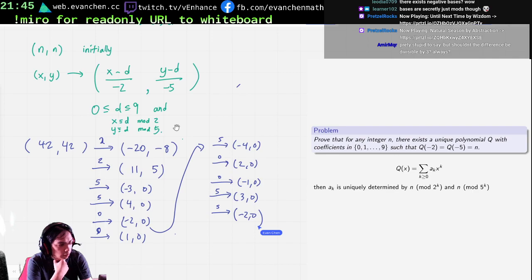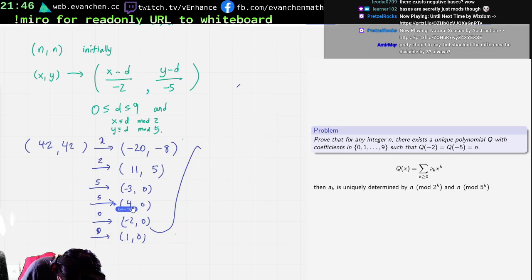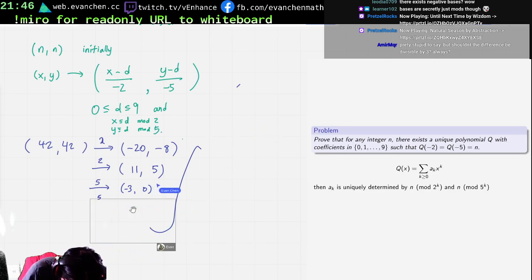Oh, so you're saying I botched this case? -3, 0, 4, 0? Let's see, so I'm looking for an odd digit that's 5. So I subtract 5 and divide by -2. Oh! I need to update y as well. Y is supposed to change when I do this. Oh no, alright. You are definitely correct.